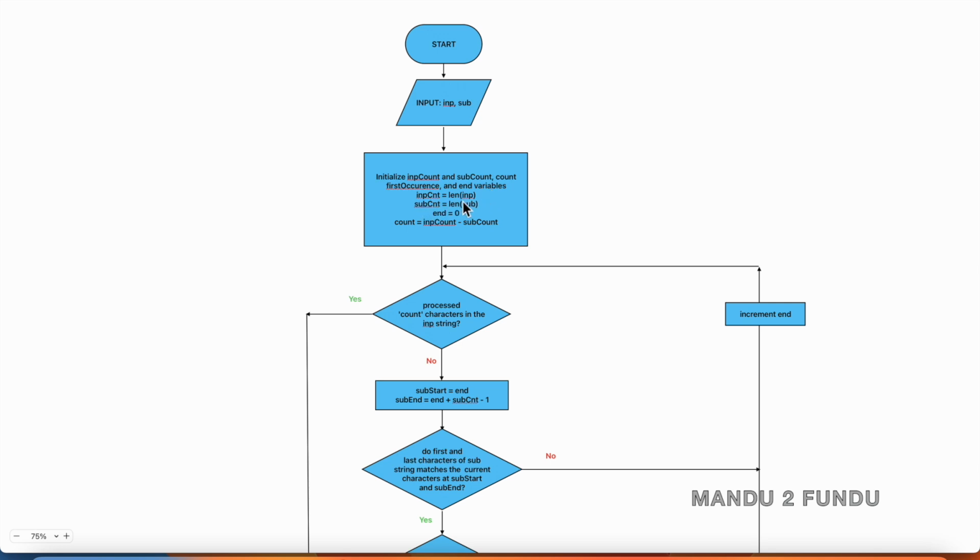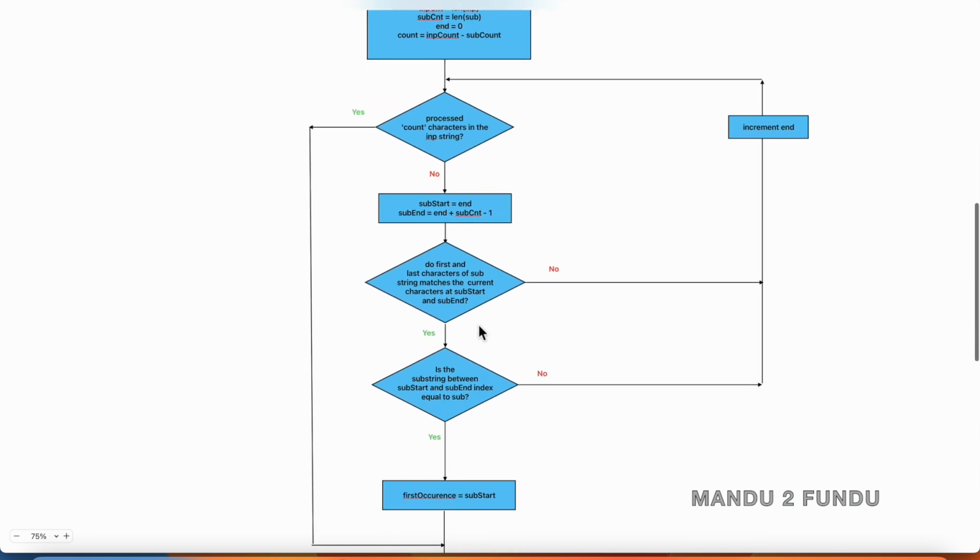The input count and sub count are set with the lengths of the first and second strings, the end pointer is initialized with 0, and the count is initialized by subtracting sub count from the input count, because after this count index, even if we scan, there won't be any match because the remaining characters are fewer than the sub count. So we can very well stop at the index count.